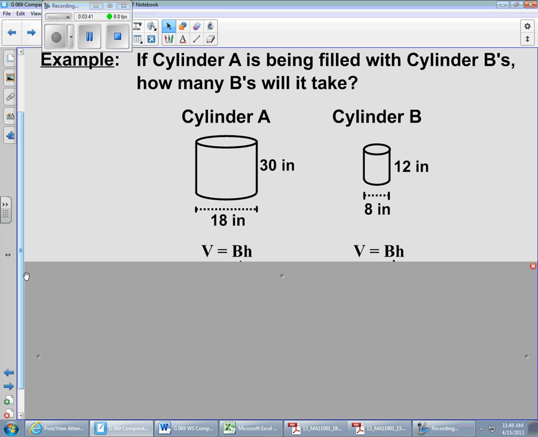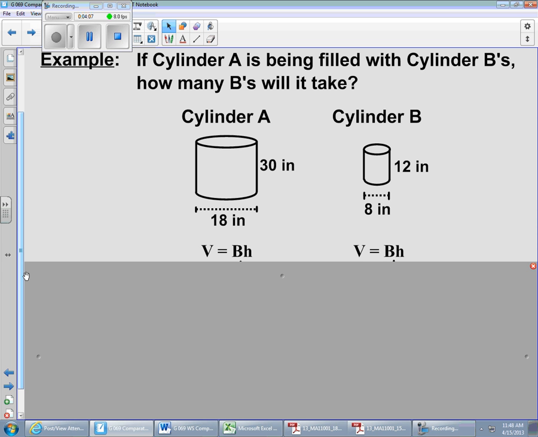So for the volume of cylinder A, big B little h, we only need that one time, because we're trying to create one cylinder A. In cylinder B's case, we don't know how many cylinder B's it's going to take. So we're going to have to write an equation that makes cylinder A somehow equal cylinder B.